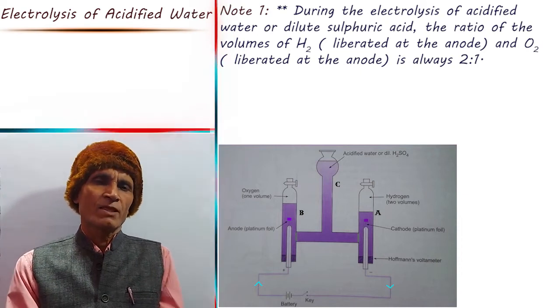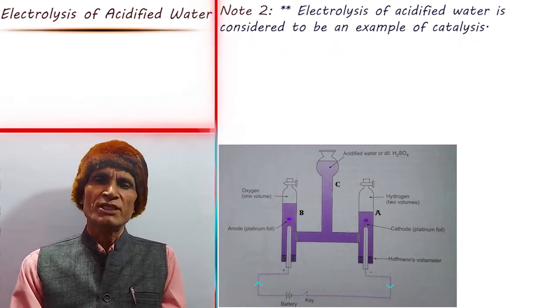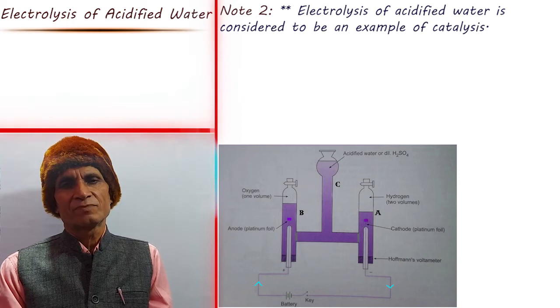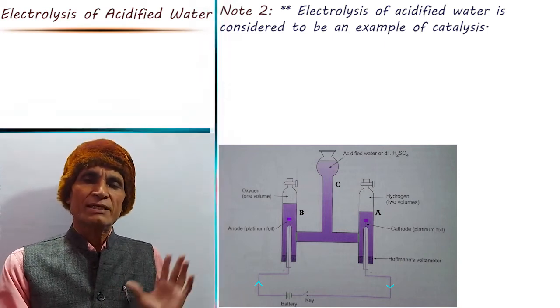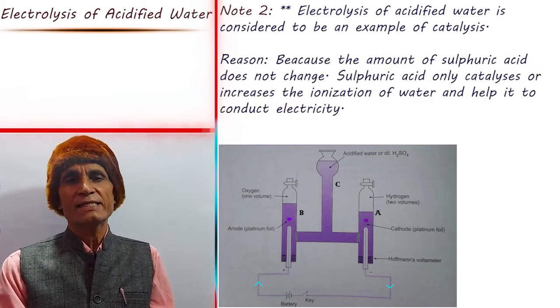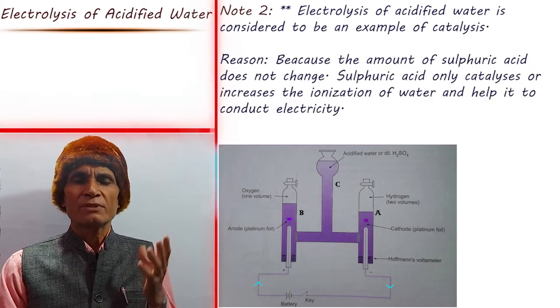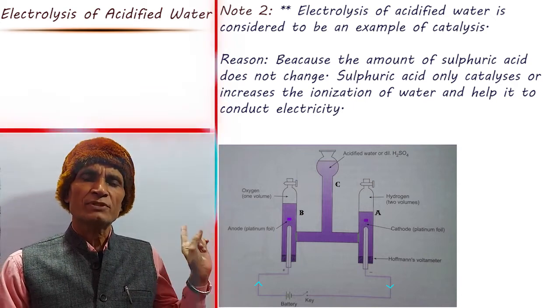Next point, the amount of sulfuric acid does not change during the process. This is why the electrolysis of acidified water is considered an example of catalysis.